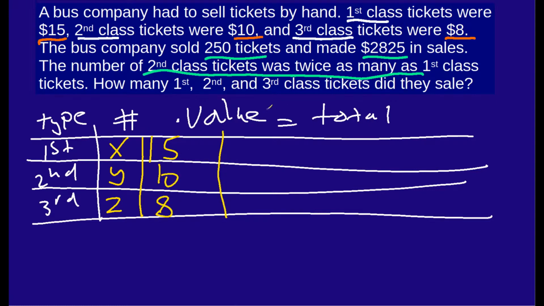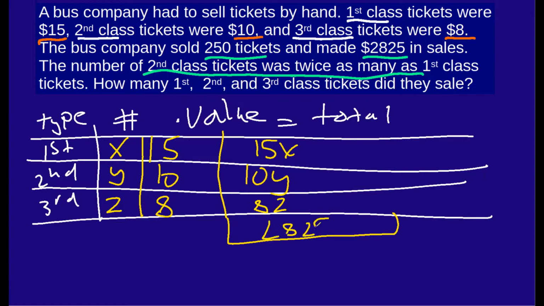And so we know our total value is going to be something along the lines of 15x, then also 10y, and also 8z. And something I forgot to put down here was how much did we make? That'll be right here, $2,825. And then also for the total number of tickets, we know that the total number of tickets is going to be 250. So this is all the information that we have set up in a table.